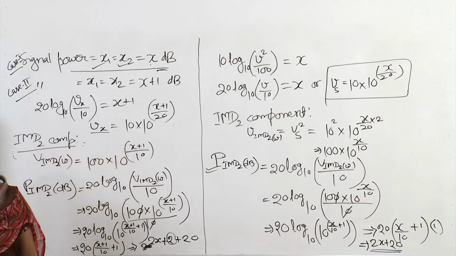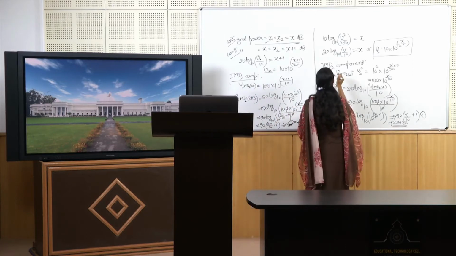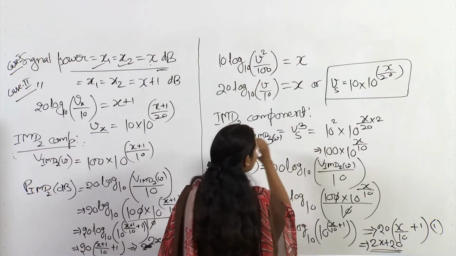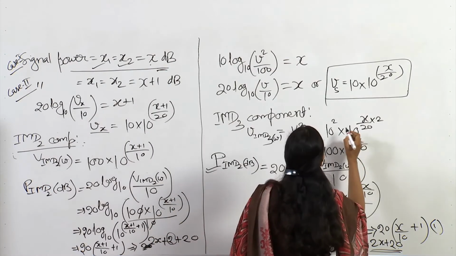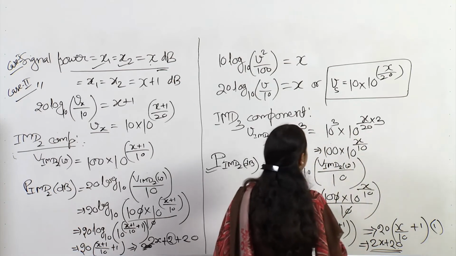Now, let us see what will happen for the third intermodulation product. So, the whole calculation has to be done for the third intermod. So, it will become cube and it will be 3.